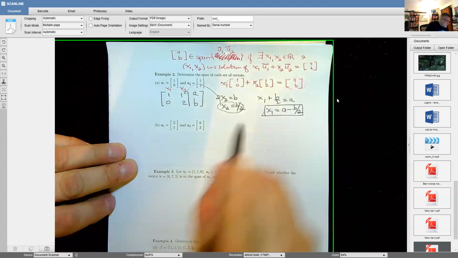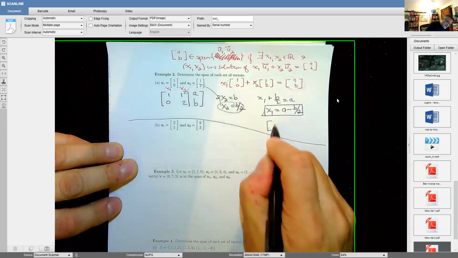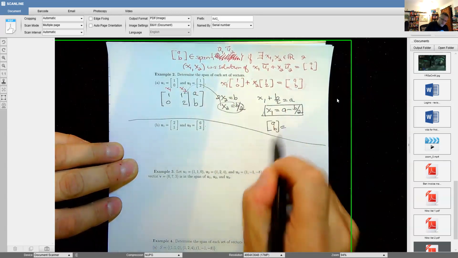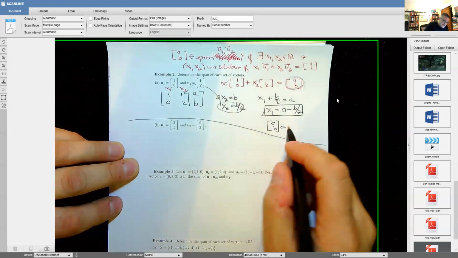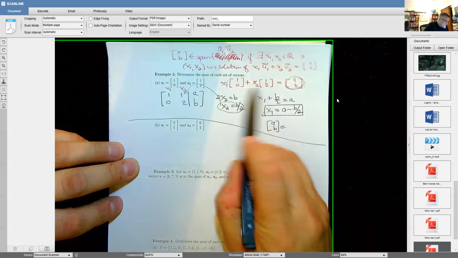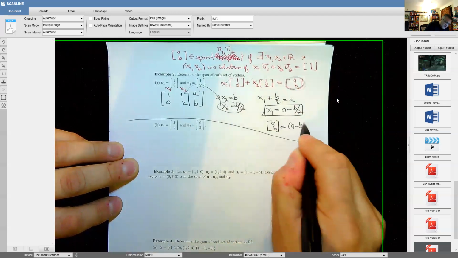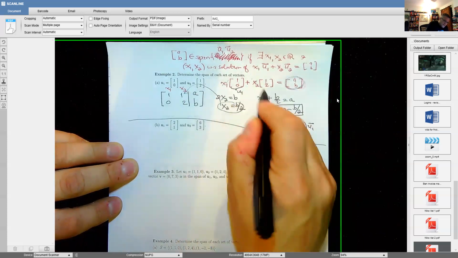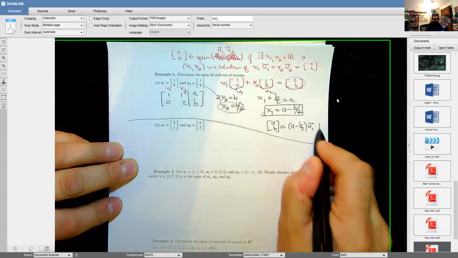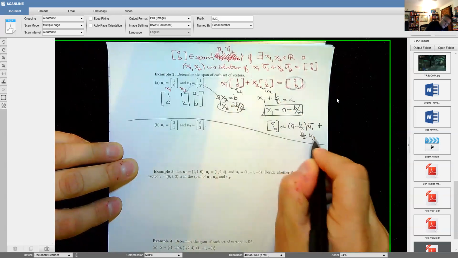Okay. And so in this case, the vector (a, b) that I started with, this arbitrary vector, is in fact a linear combination of these. It's x1, it's a minus b over 2 times that first vector u1, plus b over 2 times u2.